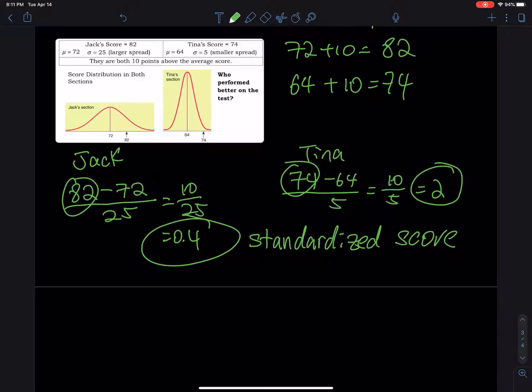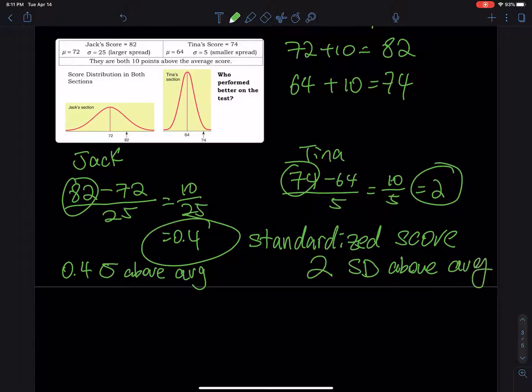So 0.4 means Jack is 0.4 standard deviation above average, and Tina is 2 standard deviation above average.